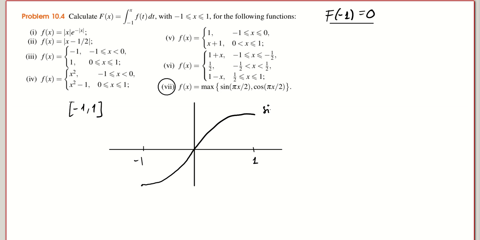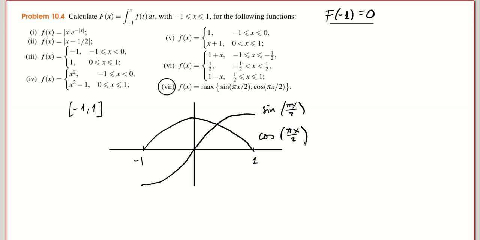So this is the sine of pi x over 2. If we plot the cosine, here and here it is equal to 0, but at 0 it is equal to 1, so you have something like this. More or less, right? So this is the cosine of pi x over 2.